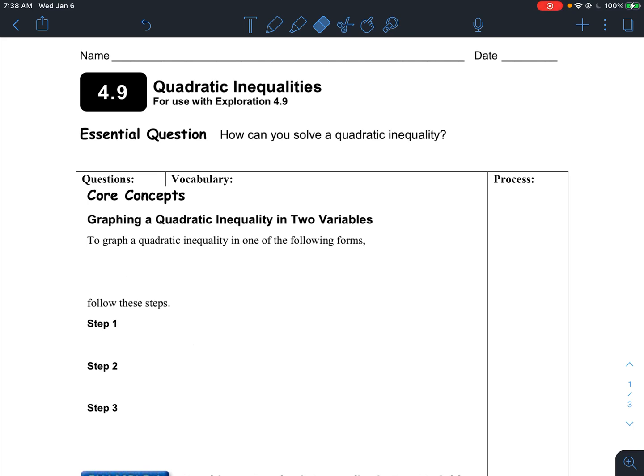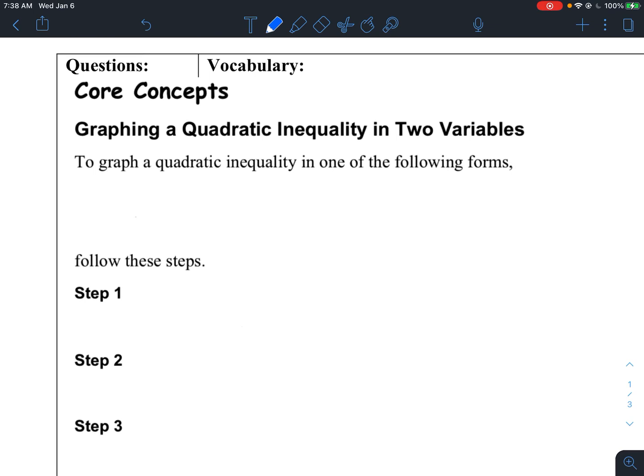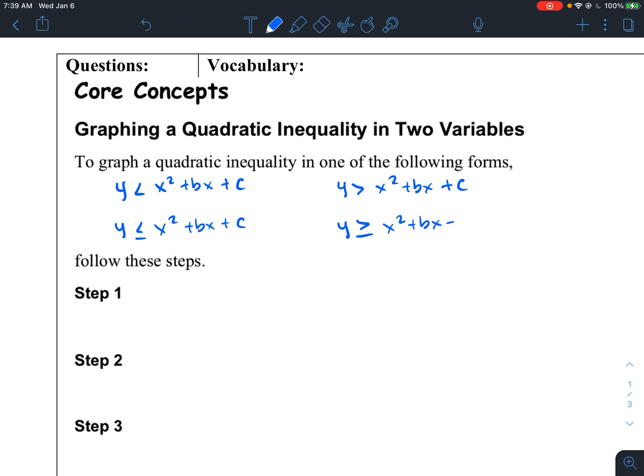So to graph a quadratic inequality, it has to have the following forms. It could have the form y is less than x squared plus bx plus c, or y is less than or equal to x squared plus bx plus c, or y is greater than x squared plus bx plus c, or y is greater than or equal to x squared plus bx plus c.